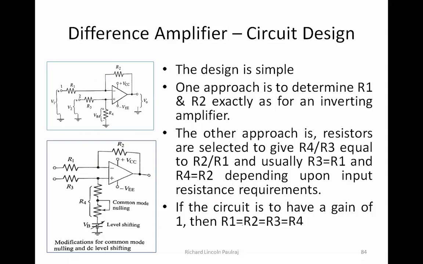The other approach that we can look into is the selection of resistors. How do we calculate these resistors? With the combination of the ratios. So just have a look at it.